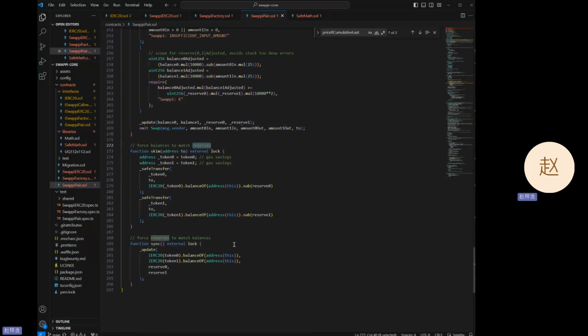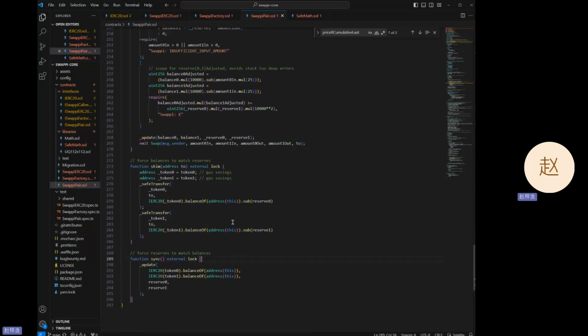So someone can freely get some balance of token 0 or token 1, in case someone sends an amount of token 0 and token 1 to the Swappi pair by mistake, and someone can get this balance freely.